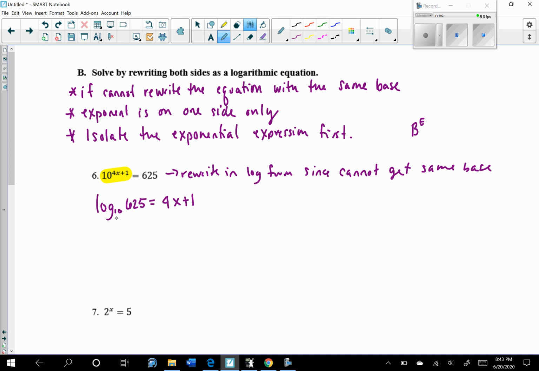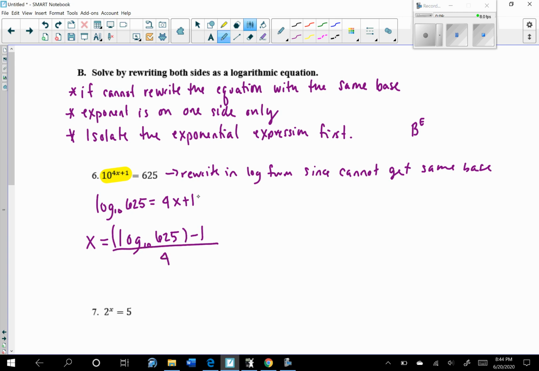So for this, if you have this in your calculator, don't plug it in now, but wait until you have x solved by itself first so we can have a more exact answer. So the next step would be to subtract the 1 and divide by 4. So this would be x is equal to the log base 10 of 625, all of that minus the 1, and then divide by the 4.